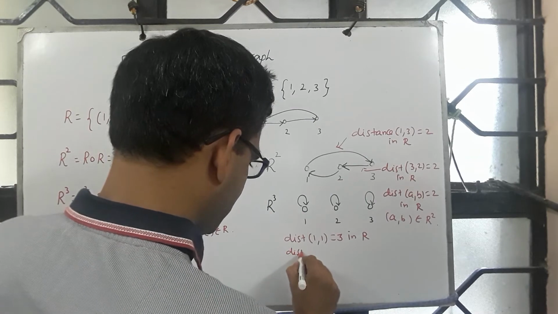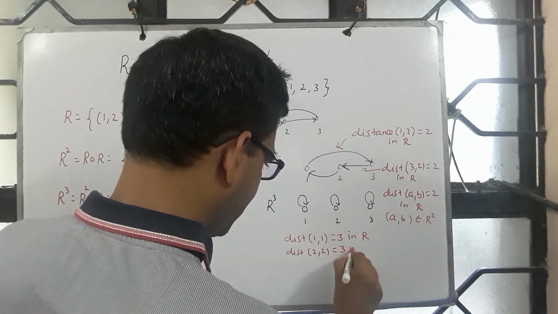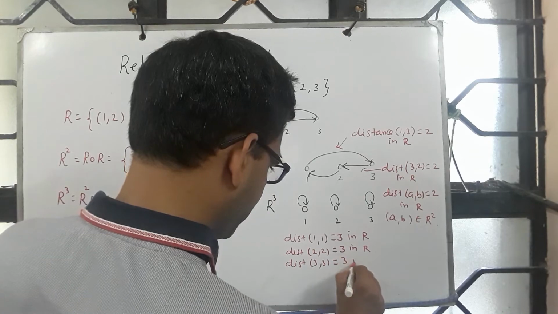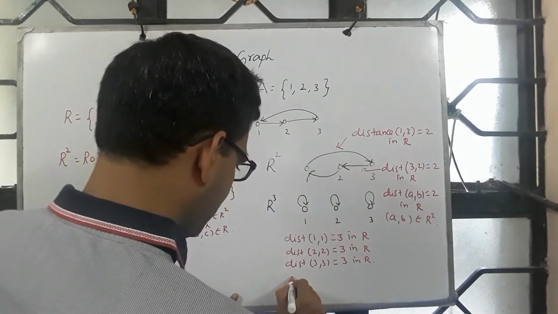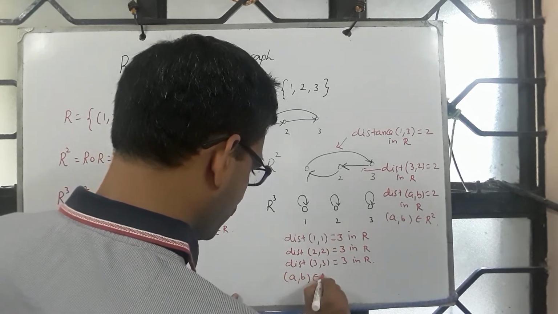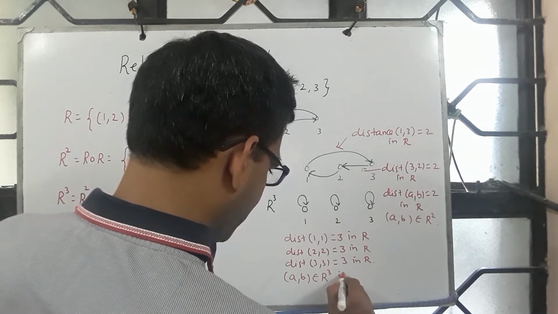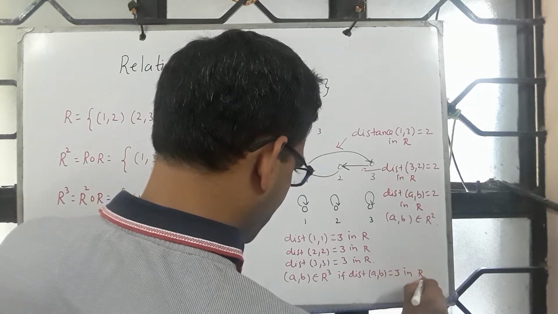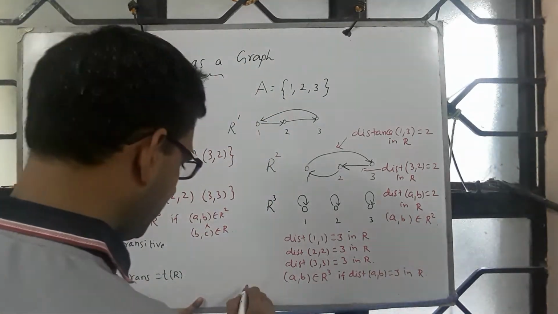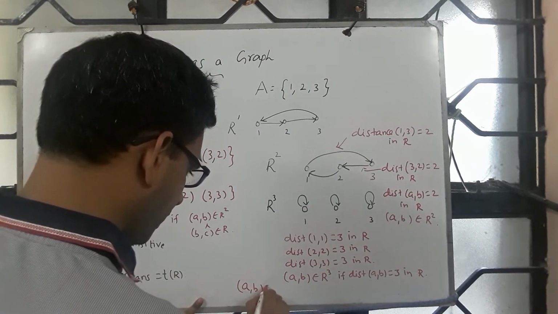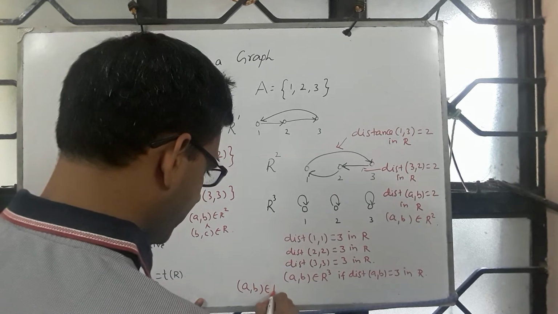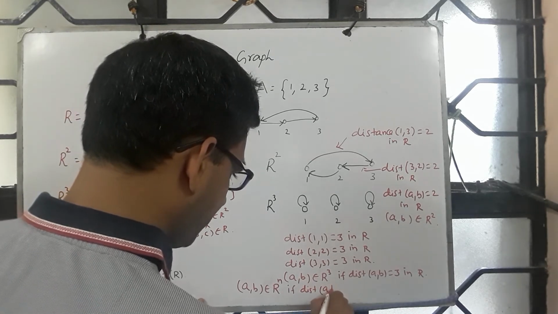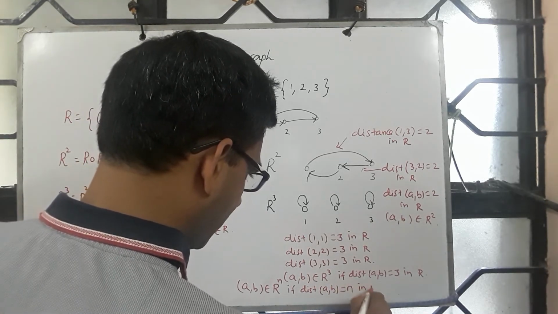So similarly, the distance between 2, 2 is 3 in R. On a similar line, the distance between 3, 3 is also 3 in R. In general, A, B belongs to R cube if the distance between A, B is 3 in R. So in general, an arc A, B is in R power n if the distance between A, B is n in R.